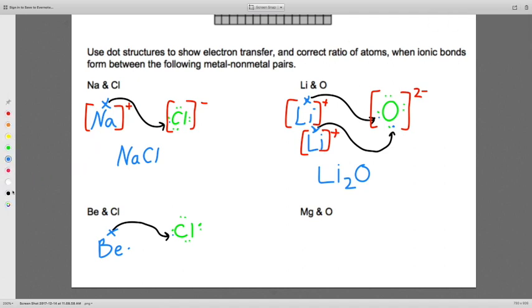another chlorine atom, starting off with its regular 7 valence electrons. It would like to accept an electron. So the other valence electron from the beryllium will end up here.